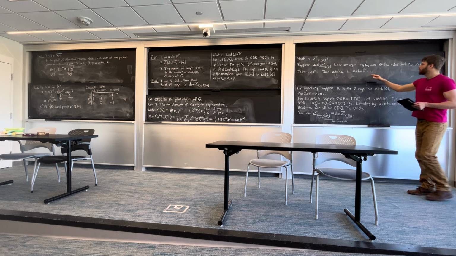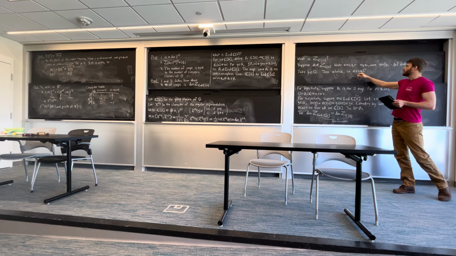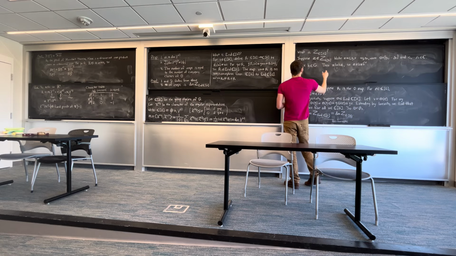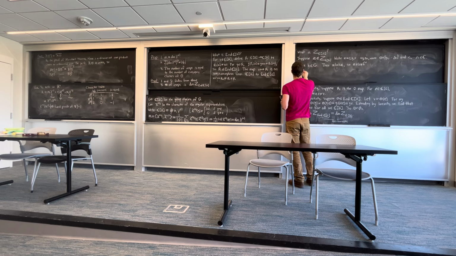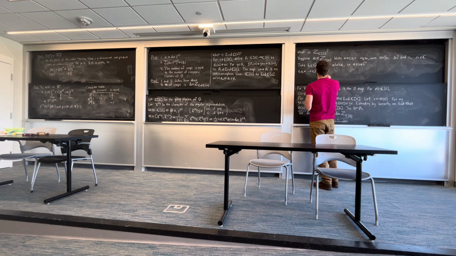And now let's just expand out what this looks like when we write Z in this form. So what this is saying is Z, which is C1 G1 plus dot dot dot plus Cn Gn, equals the following.